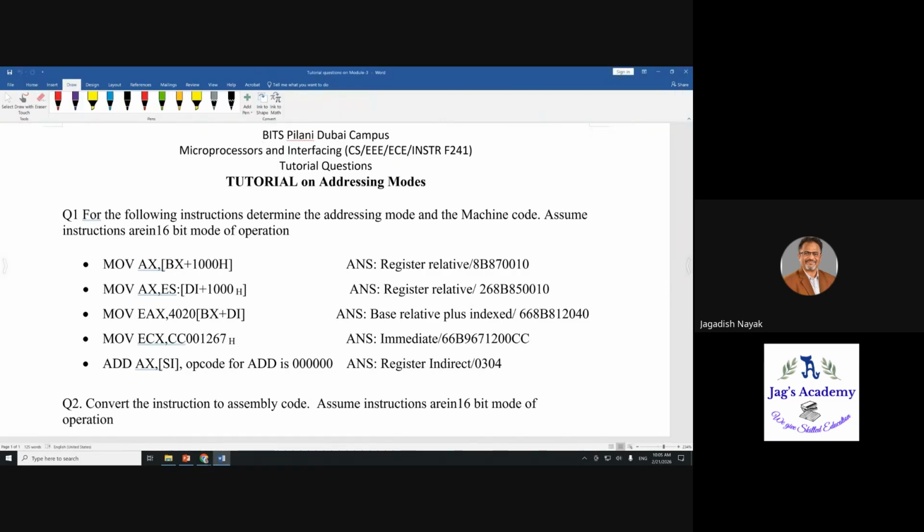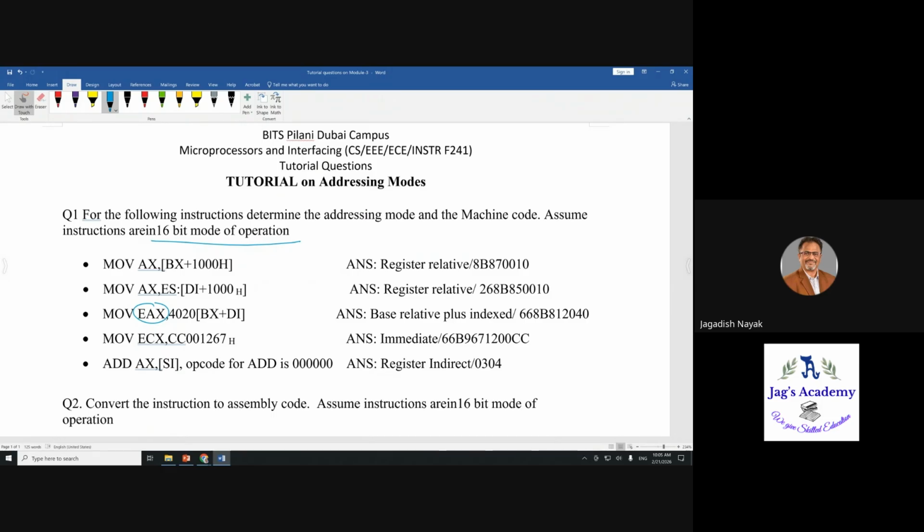It means your instructions should have 16-bit registers and a 16-bit offset address. If not, for example if you have EAX here, which is 32-bit, there is a violation. It's called a violation.